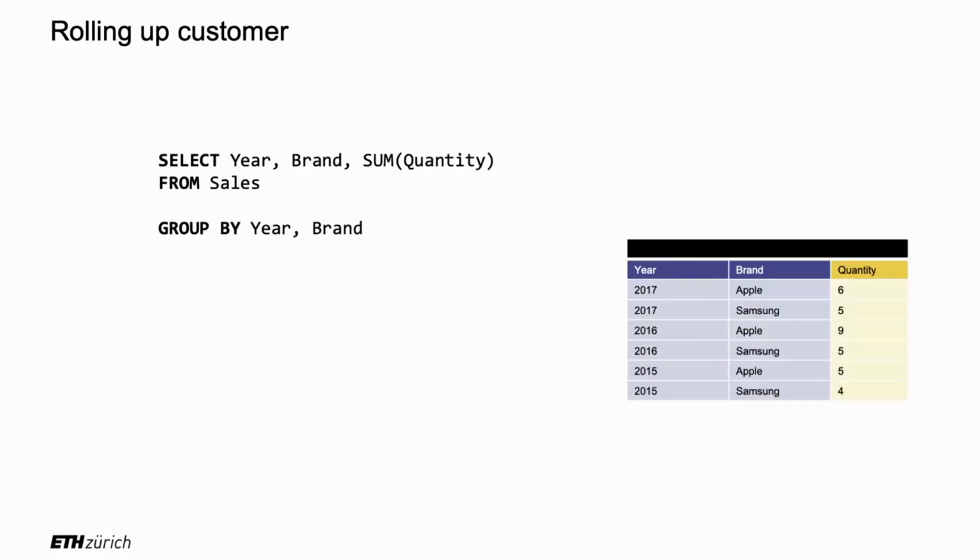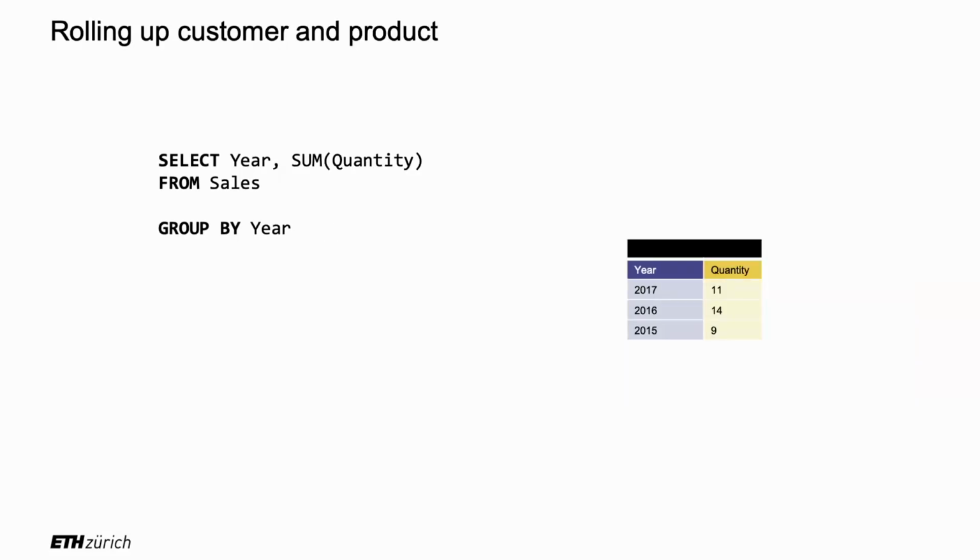Now, if I want to roll up even more, what do I need to do? You probably saw it quickly. What if I want to roll up on the brands too? Not just the customer, but also the brands. What should I do? Do I need to add it or remove it? Remove it, exactly. I remove it from group by. Removing from the group by is going to roll up entirely that dimension.